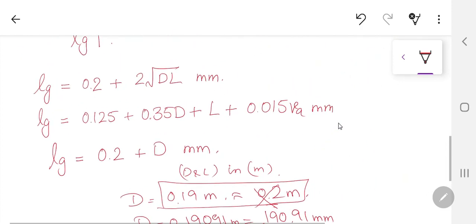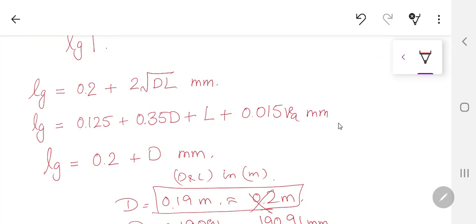So these are three formulas for the air gap length, and I hope they can be used. Other than that, if they are not given in your question or your design equation, maybe the question already asks you to use a suitable air gap length or a smaller air gap length. Now air gap length is actually a mechanical factor. Maybe you can design a very good machine with a smaller air gap length, but when it is physically made, the air gap length cannot be that small.